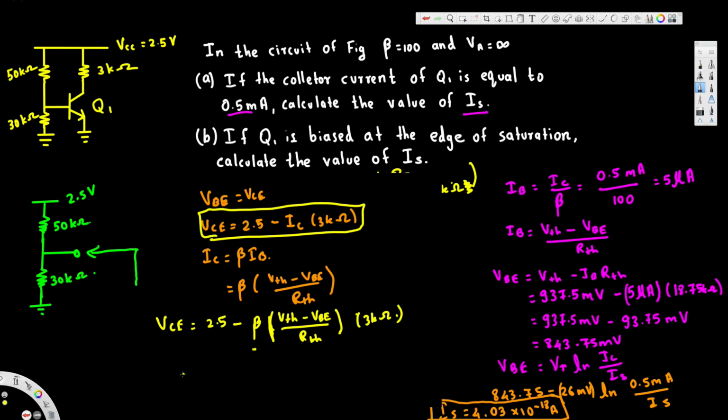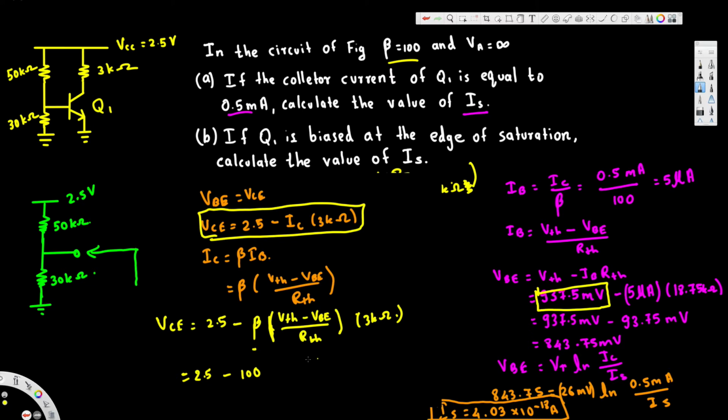Now let's go ahead and plug in the values. 2.5 volts minus beta, which is 100, that's provided in the question, and VThevenin, we calculated in the previous part, 937.5 millivolts.